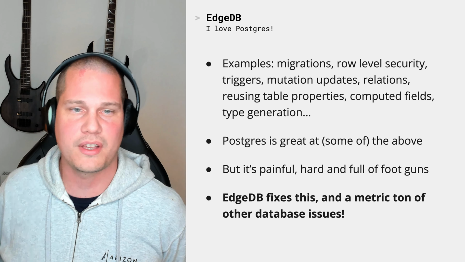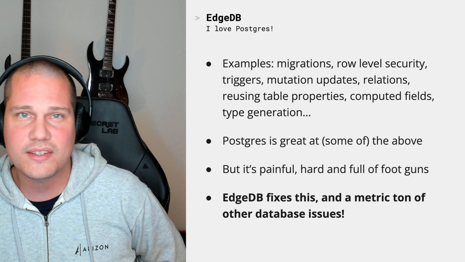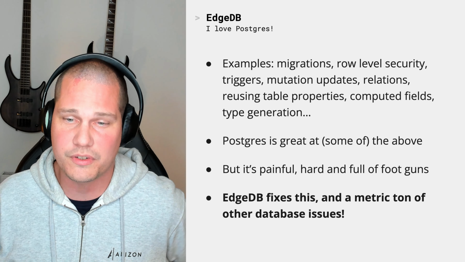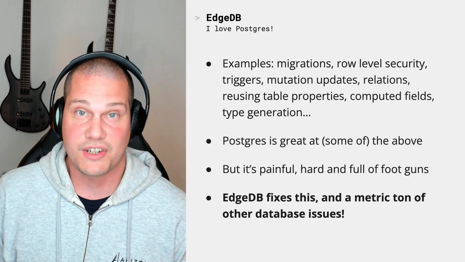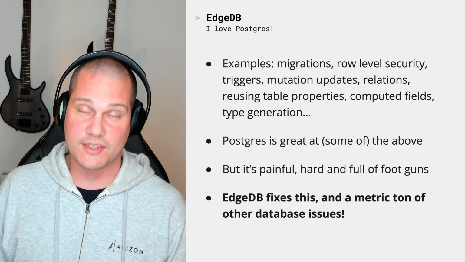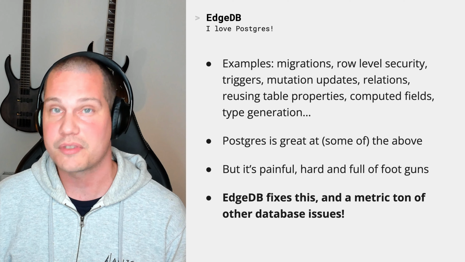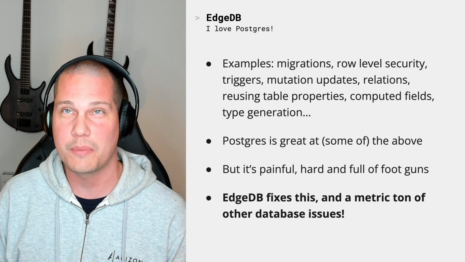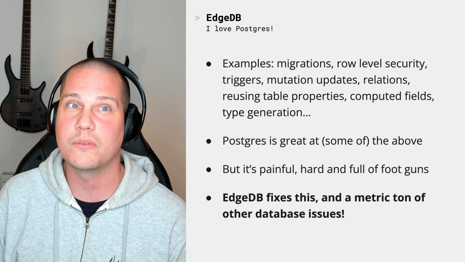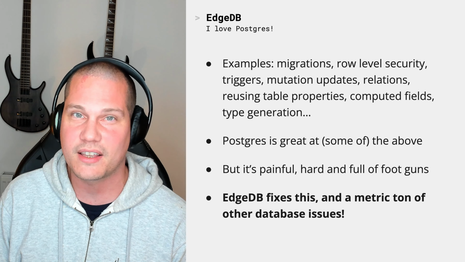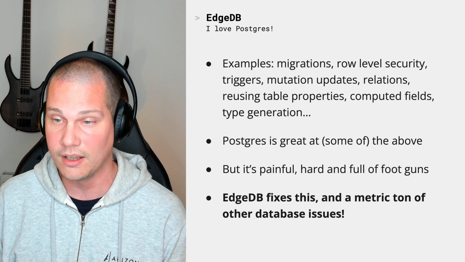So here are a number of things I need in my day-to-day from a database in order for things to move smoothly. Migrations, of course. I need to be able to evolve my database over time. Row-level security is one of my absolute favorite concepts in all of this. The ability to have authorization as close as possible to the data that drives it is just fantastic.